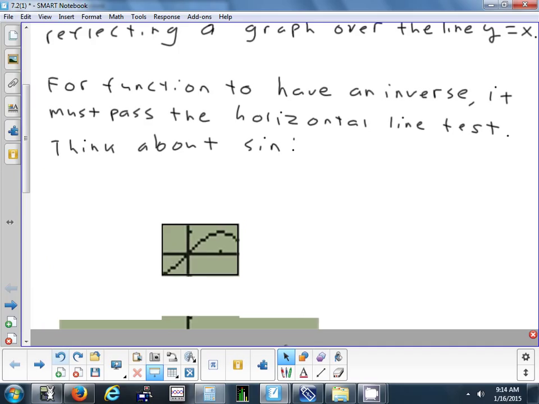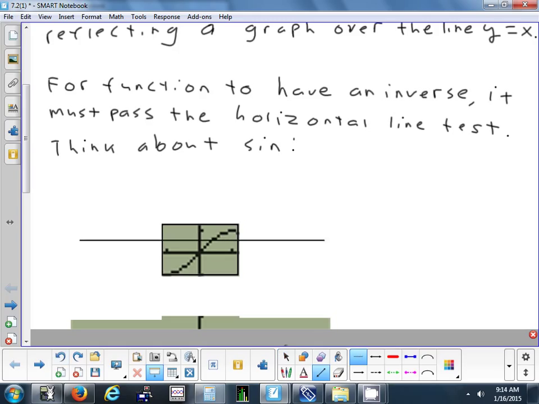No. How about there? No. How about there? Yeah, right about there. It's not perfect. That's an older calculator, so it looks a little blocky. But right about there. If I drew a horizontal line in, let's see. Yeah. So no matter where I put a horizontal line in now, it's only going to hit it once.